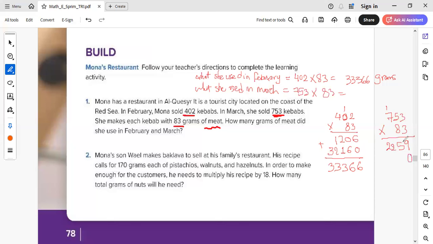So we put 0 here. 3 times 8 is 24, so we put 4 and carry 2. 5 multiplied by 8 is 40, plus 2 is 42, 2 and carry 4. 7 multiplied by 8 equals 56, plus 4 equals 60. So we have to add them now. 9 plus 0 equals 9, 5 plus 4 equals 9, 2 plus 2 equals 4, 2 plus 0 equals 2, and bring down 6. So the product will be 62,499 grams.